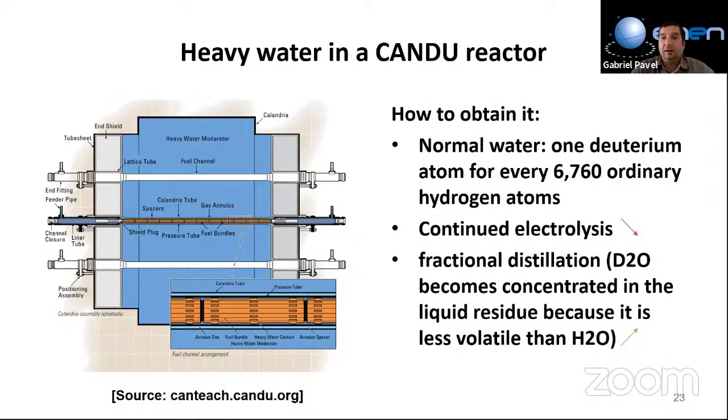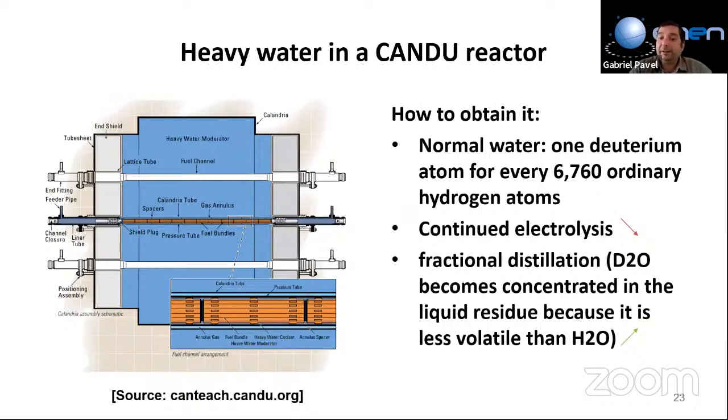Okay, how to obtain the heavy water? You have, I wrote here, 1 atom of deuterium for almost every 7,000 atoms of hydrogen. At the beginning there was a method to obtain heavy water called continued electrolysis, but it was very expensive to support.